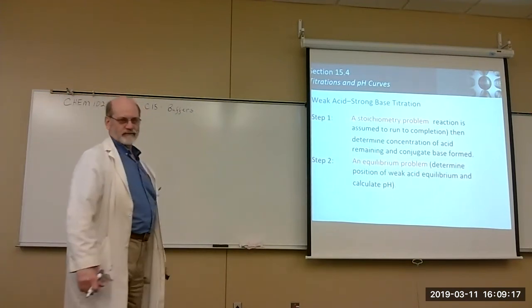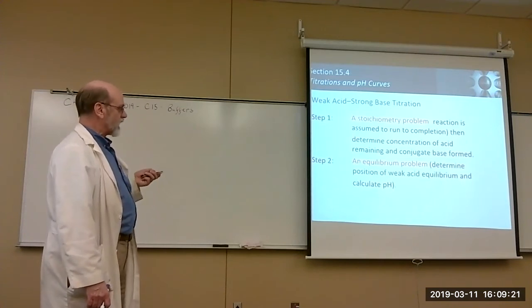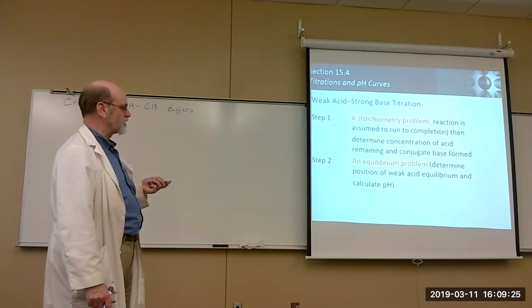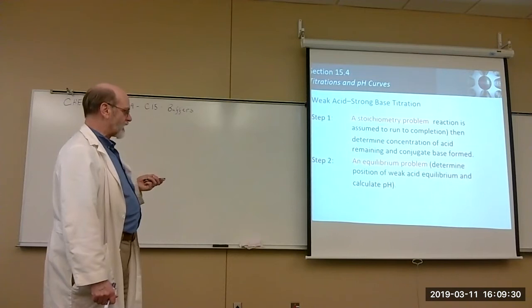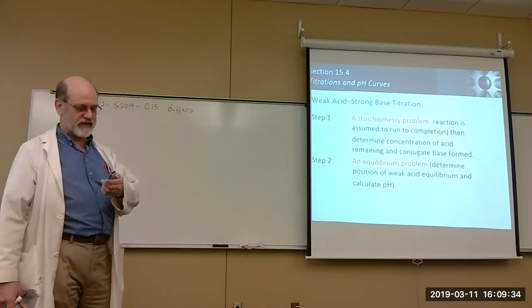So don't even try. That's my advice. Just do it as a stoichiometry problem first, then take the conditions that the stoichiometry determines at its endpoint, and then go back and work it as an equilibrium problem, which means ice table.